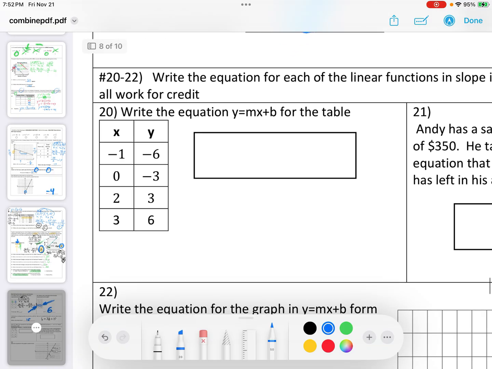Write the equation for the table. Okay, well, we need to find our slope. Now I'm going to use these numbers because I don't have any negatives. It should be easier.